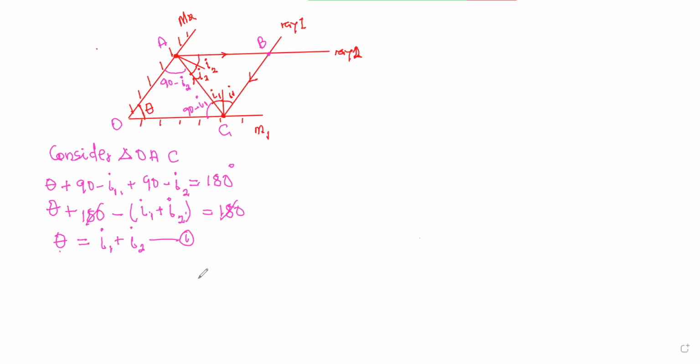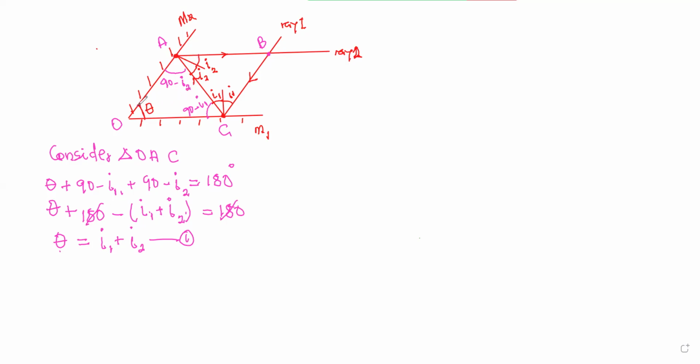Okay. Now, when we use triangle 2, this angle is also equal to theta because ray 1 is parallel to mirror 2. And when two lines are parallel, they have the same slope.